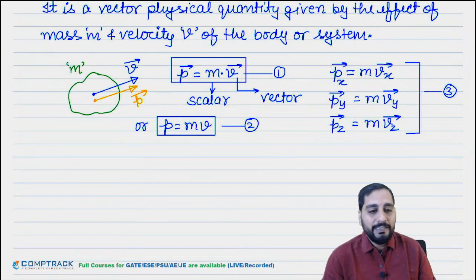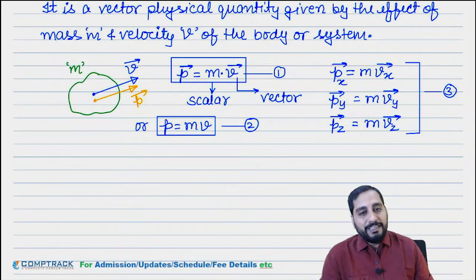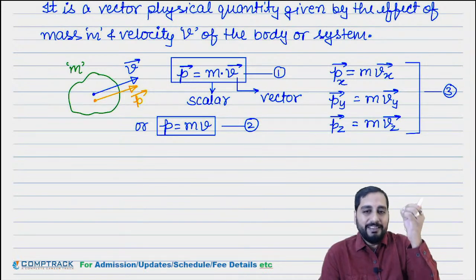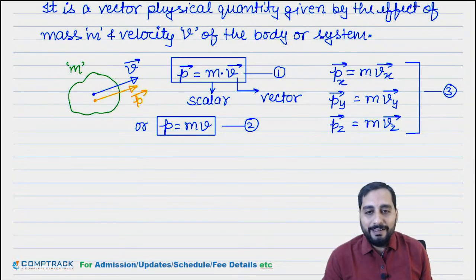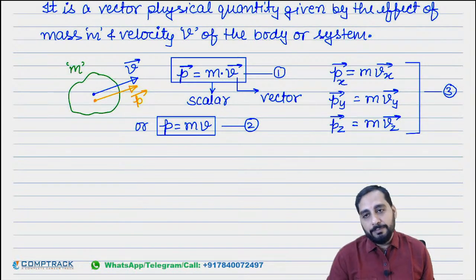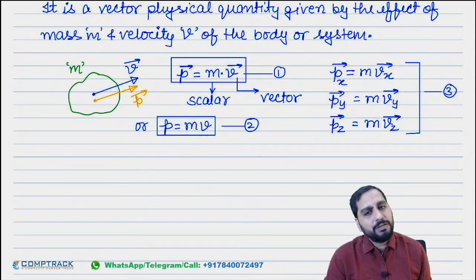Mass is scalar. So for a single body you can simply find the linear momentum. Multiply its mass into velocity, then vector P will be your linear momentum in the direction of velocity. Very simple.